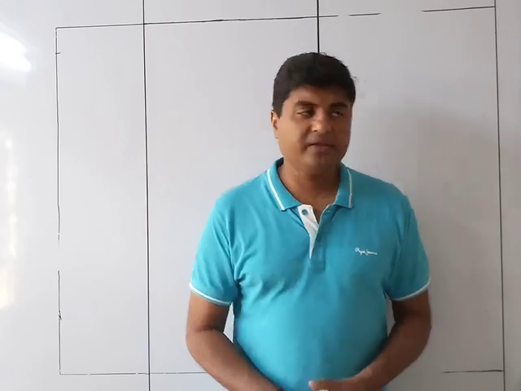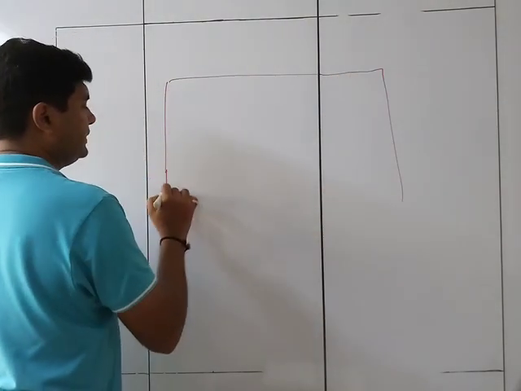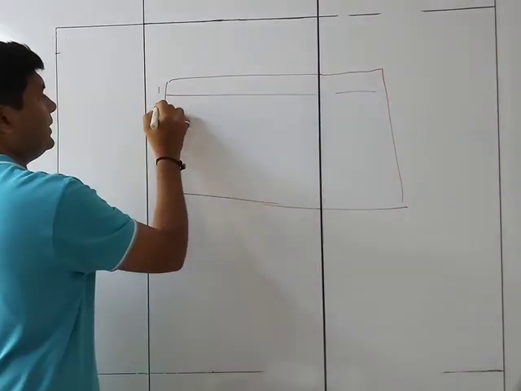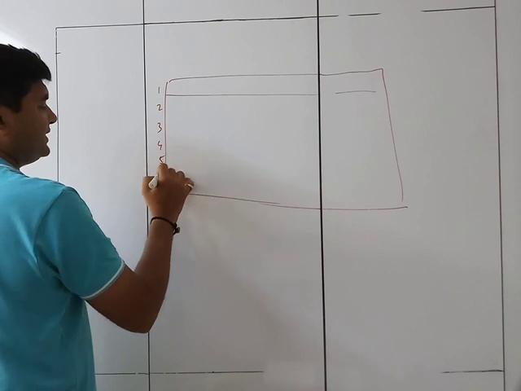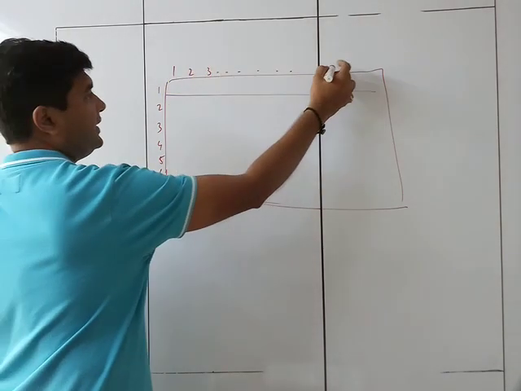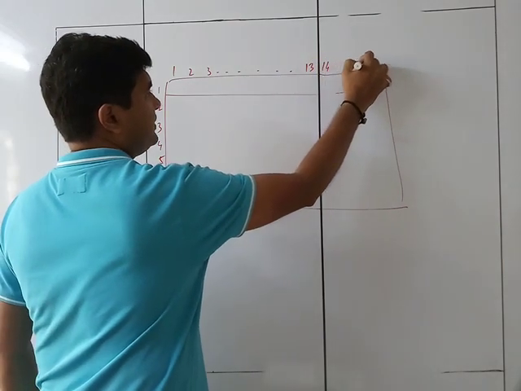If I consider that this is your periodic table, then this periodic table has 7 periods: 1, 2, 3, 4, 5, 6, 7. And over here it is 1, 2, 3, 4, 5, 6, 7, 8, and then 13, 14, 15, 16, 17, 18.